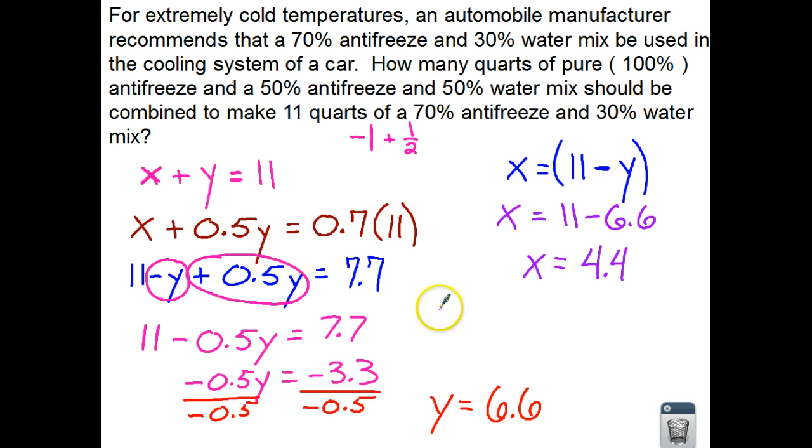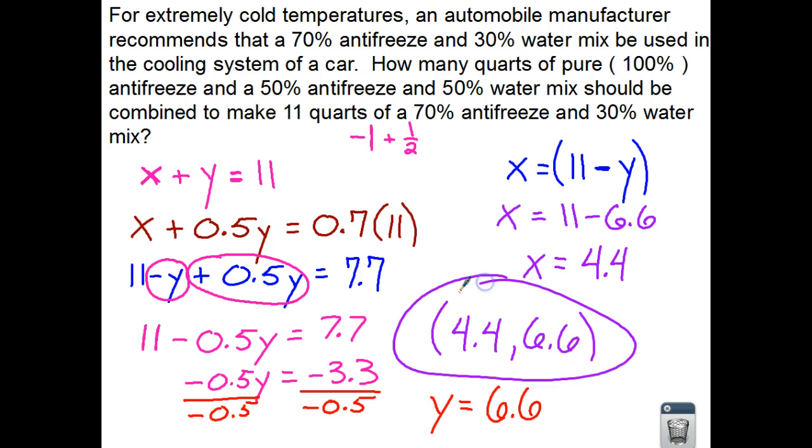Now, if I were to put it as an ordered pair, I'd have 4 and 4/10, 6 and 6/10, and if you think about what that means, let's go back into our original equation and say, okay, this x value up top was the 100% solution.